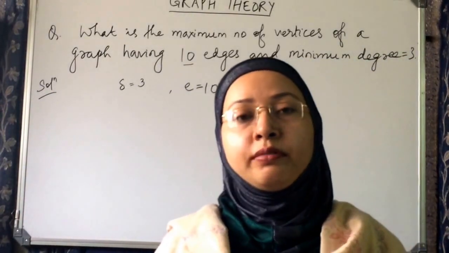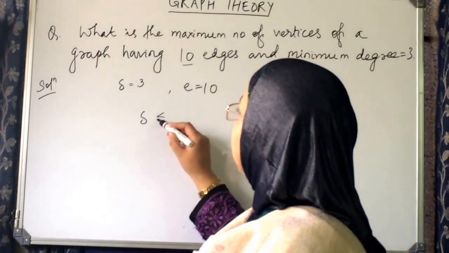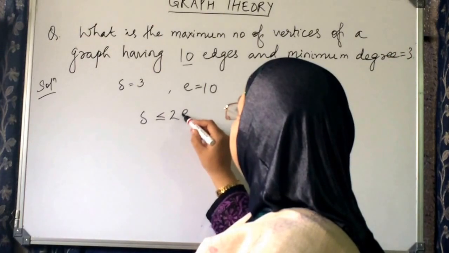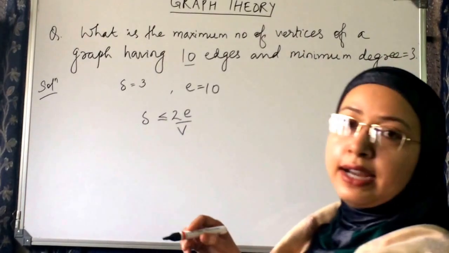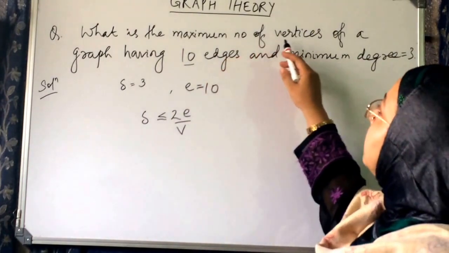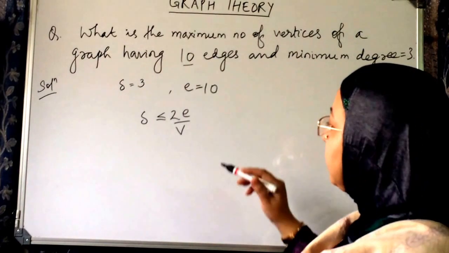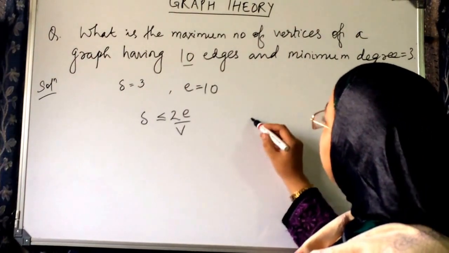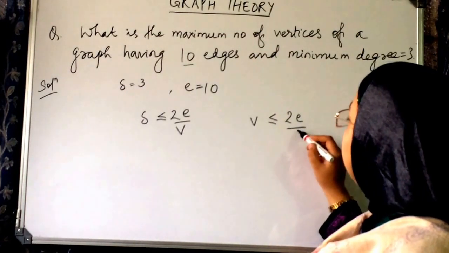And what you know from the theorem is that del is less than or equal to 2e by v. What you have to find here is the maximum number of vertices. You can find vertices from here, that v is less than or equal to 2e by del.